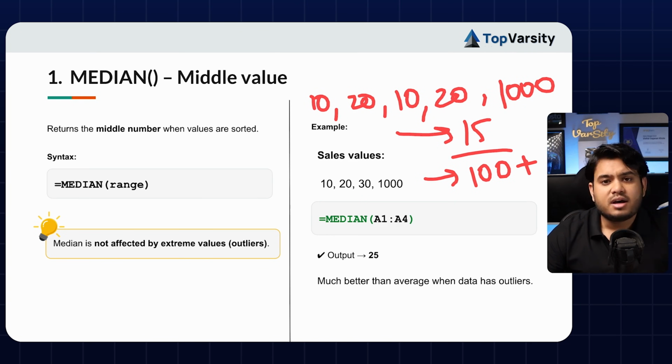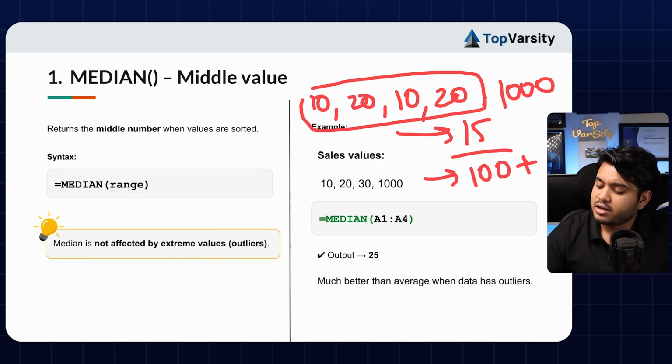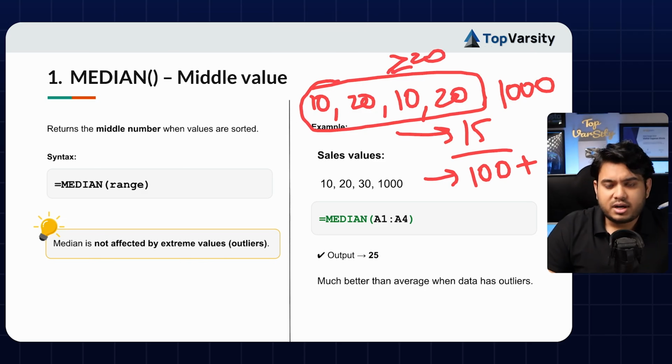But the average will not give you the idea that 4 values are there which are less than or equal to 20. You will not be able to understand this by using average. But whenever you take the median, it will help you understand what the range is.